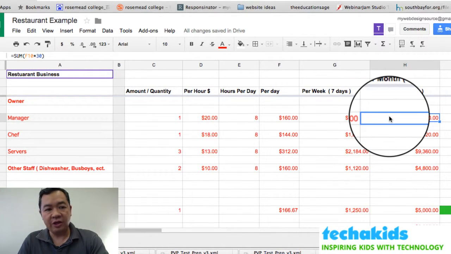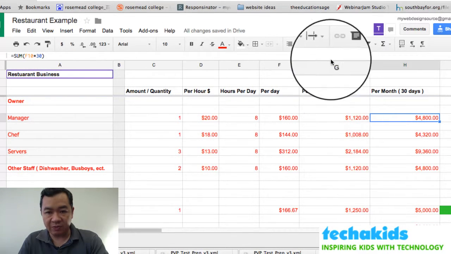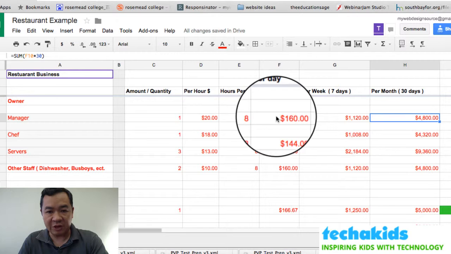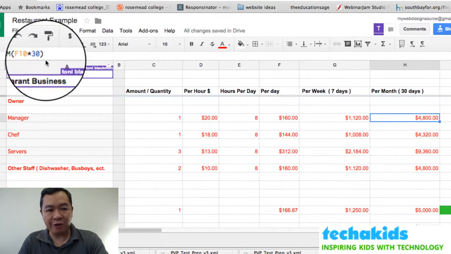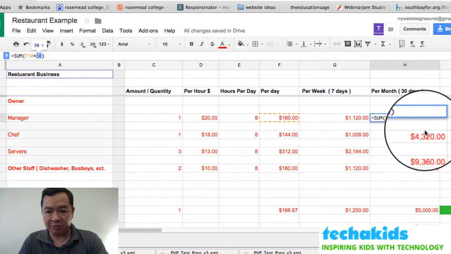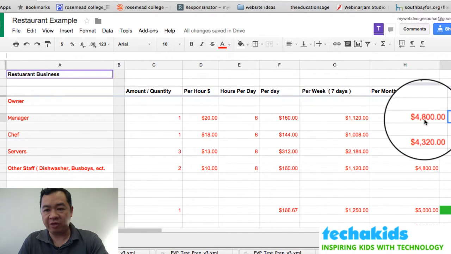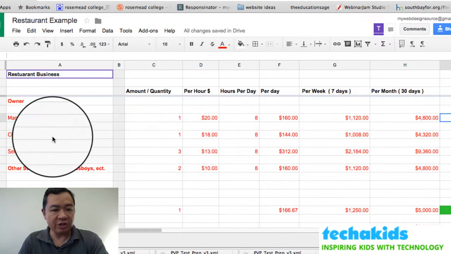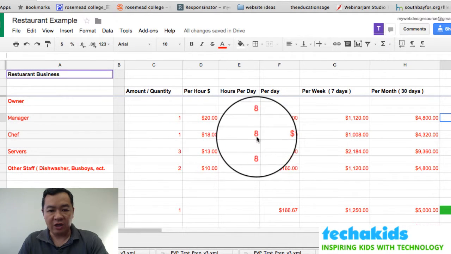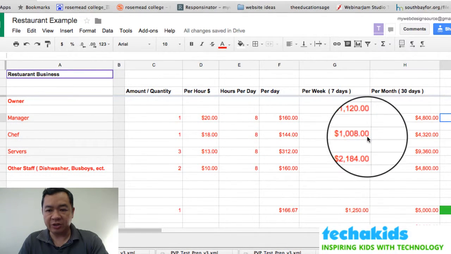And then per month, it's F10 again, how much they earn per 8-hour shift, multiplied by 30 days per month, and that's how you come up with $4,800. You do the same thing with the chef, with 8 hours and so forth.